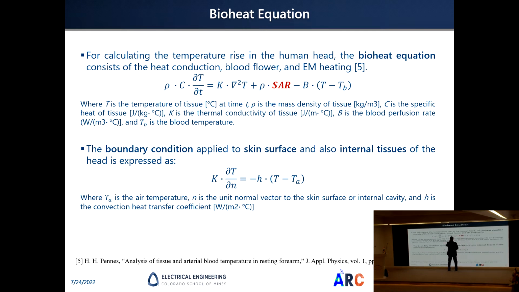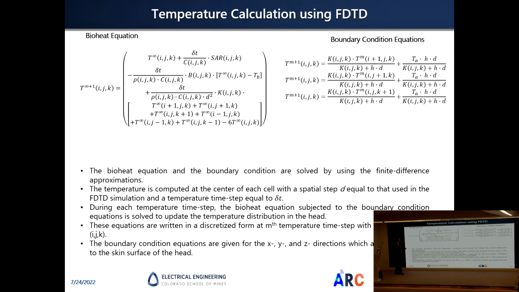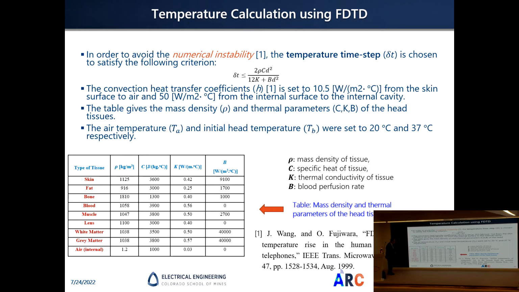The way we simulated this is very similar to the way we simulated the differential equation for E and H. We use this boundary condition here, an expression for the updating of the temperature inside the human head, and give you here the tissue parameters, the density, and all other C, K and B parameters that are required for the increment in time discretization for the bioheat equation.